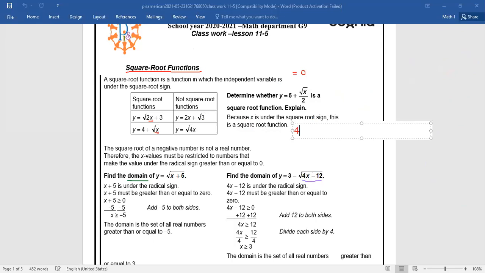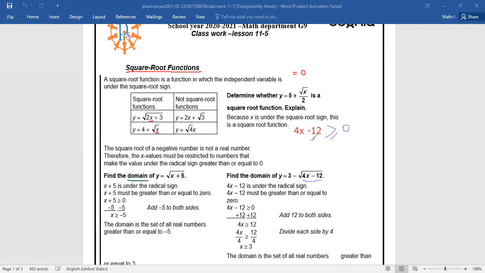How? 4x minus 12, because we cut the number under the radical sign. Then more than or equal to how many, grade 9? 0. We cut the part under the radical sign and we wrote 4x minus 12 more than or equal to 0.